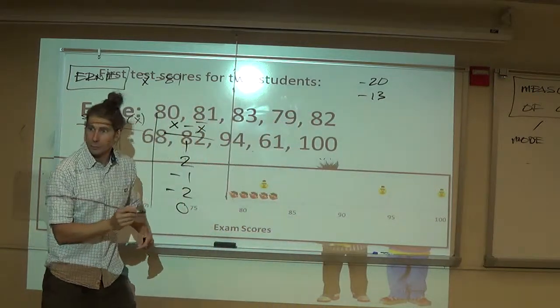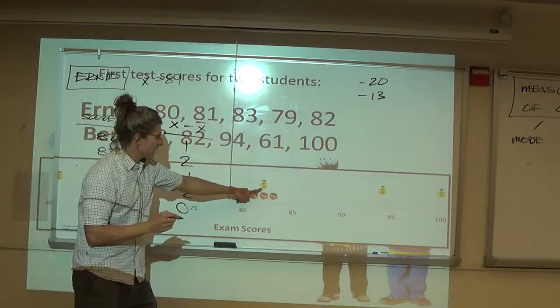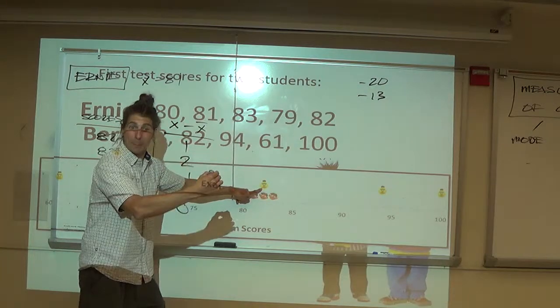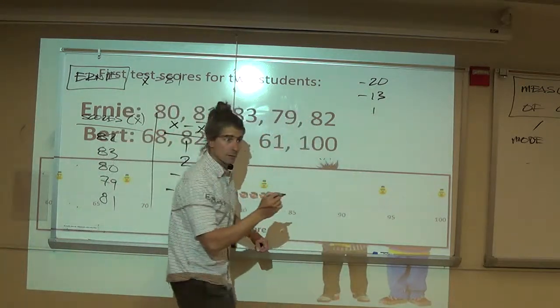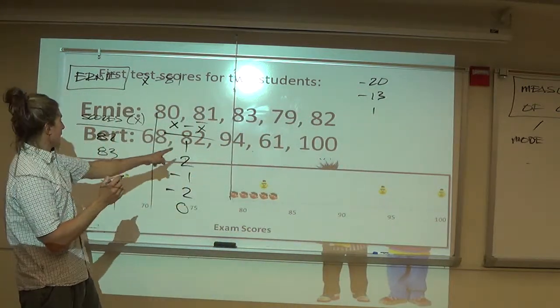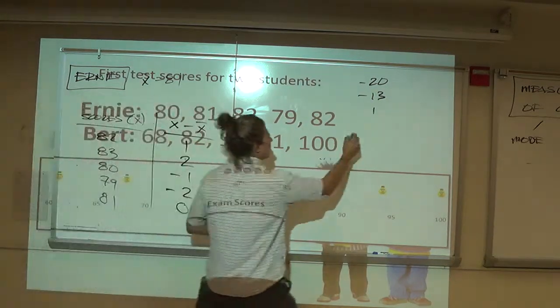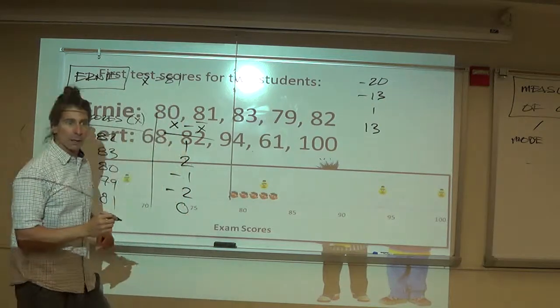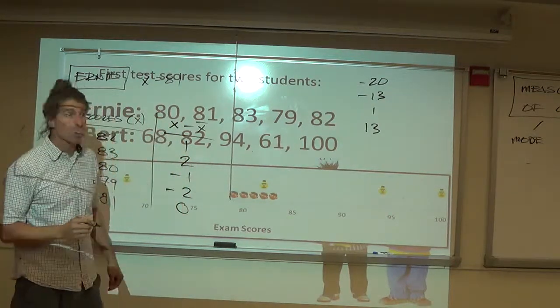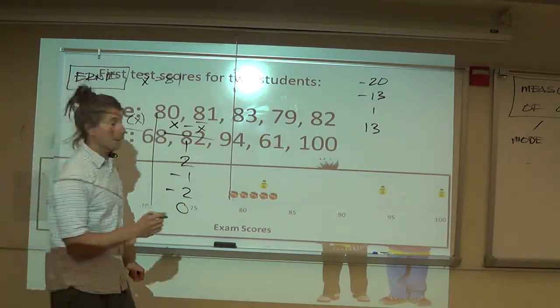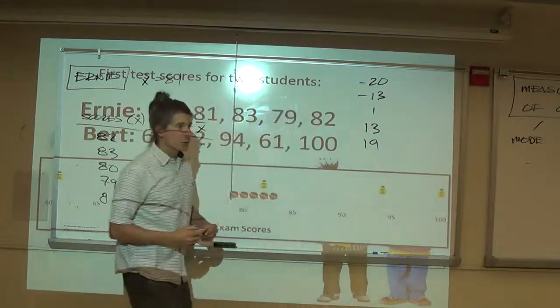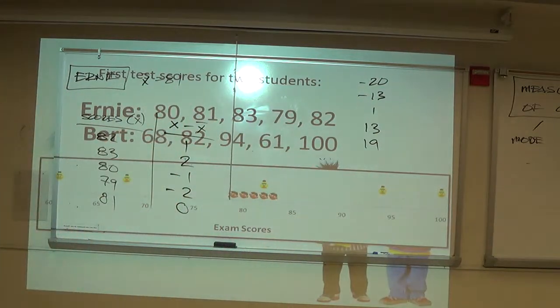His next score is at 82. That's 1 point above, positive 1. His second highest is 94. That is 13 above. And the next one is 100, which is 19 points above. Go ahead and average those values. What do you get? 0.